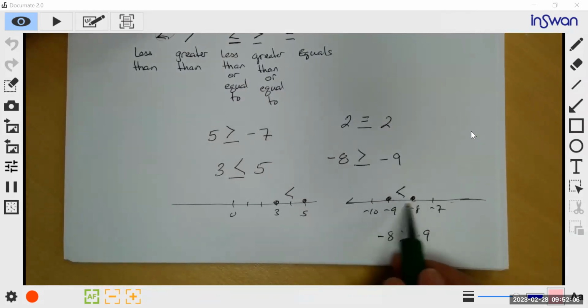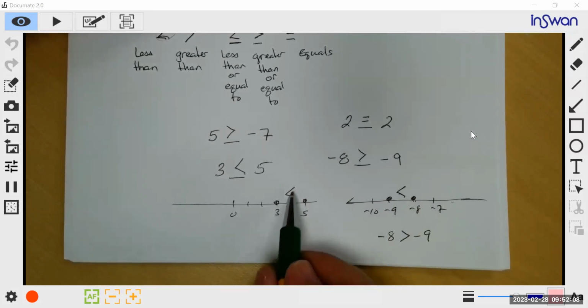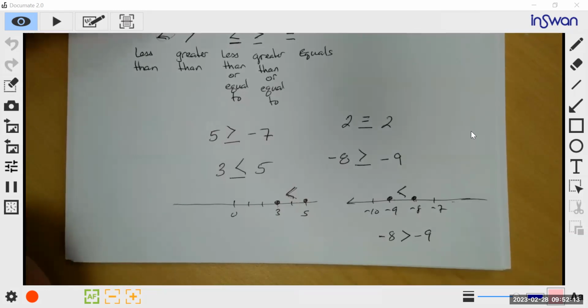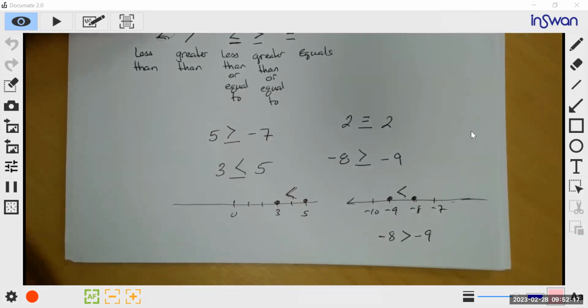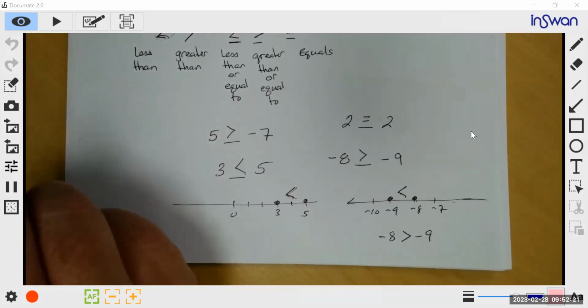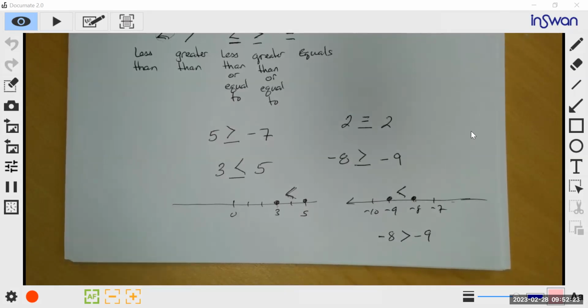You should be able to read them both ways. 3 is less than 5. 5 is greater than 3. Depending on how you read it. So that's a perfect way to say it. If you don't know which is bigger, put a number line. And it always points to the smaller number.